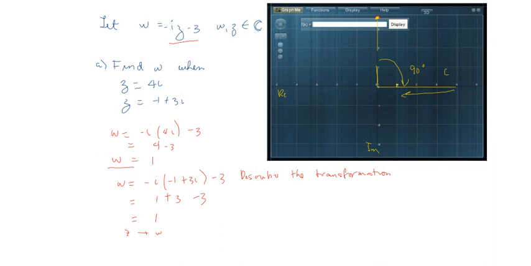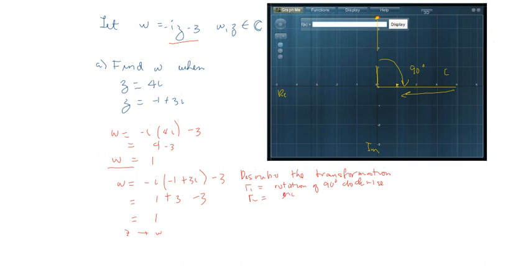So it appears that the first transformation is a rotation of 90 degrees clockwise, and the second transformation is moving to the left 3.